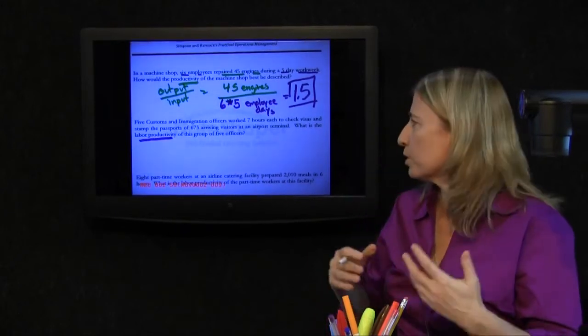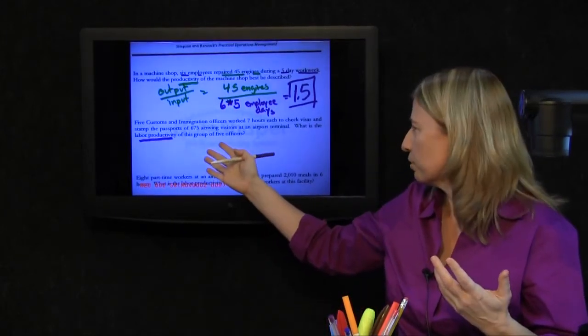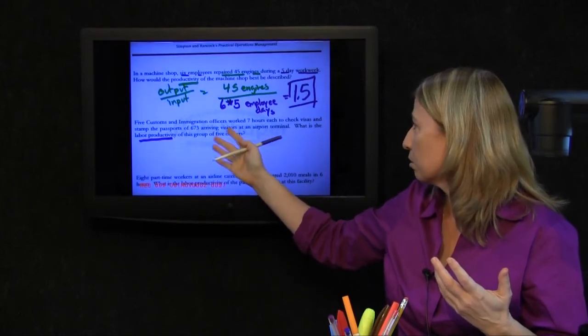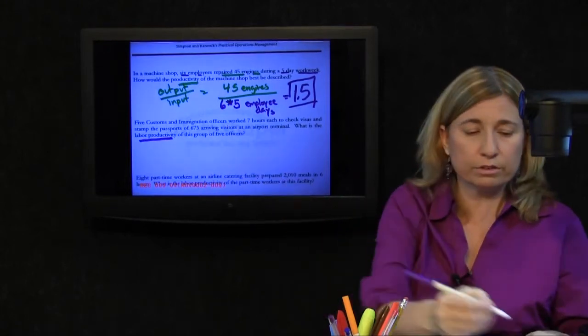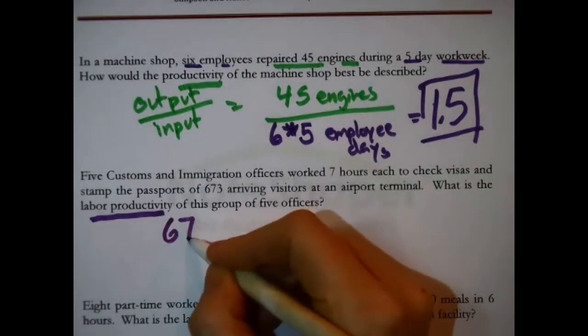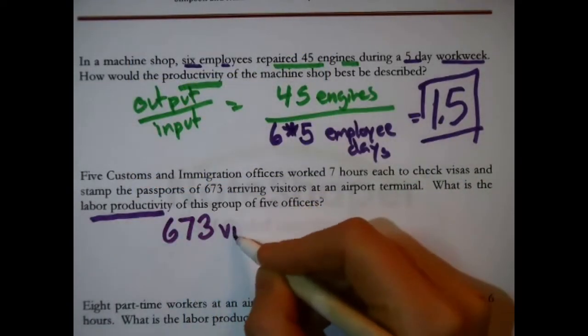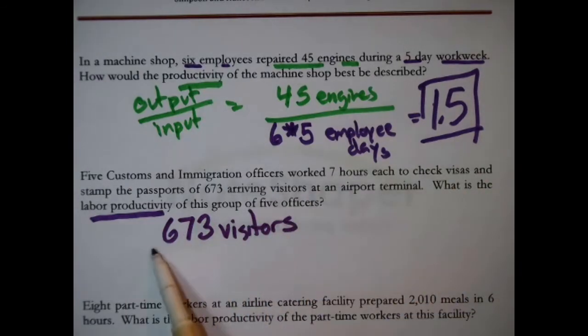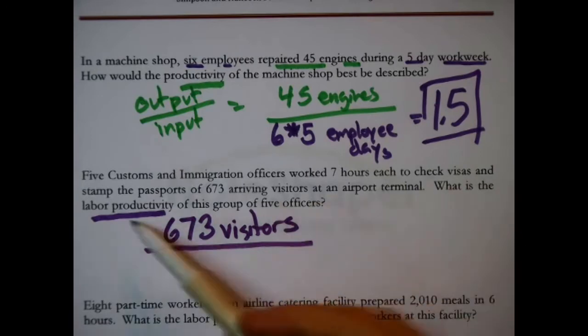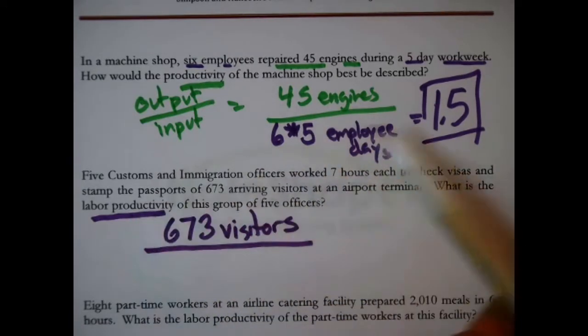Okay, well, what's the product here? It's a service. They are checking visas and stamping passports for 673 arriving visitors, right? Then what is the input? Well, labor. In this case, there's a tip.